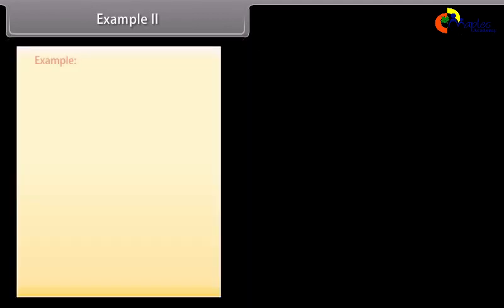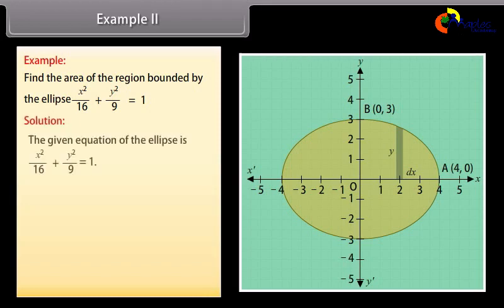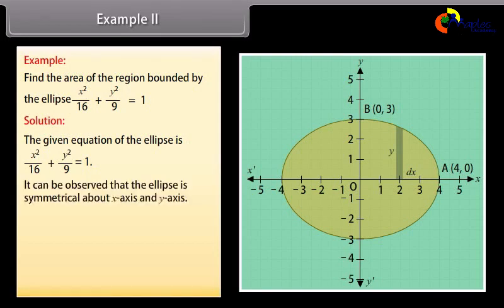Example second. Find the area of the region bound by the ellipse x square upon 16 plus y square upon 9 equals 1. Solution. The given equation of the ellipse is x square upon 16 plus y square upon 9 is equal to 1. It can be observed that the ellipse is symmetrical about x-axis and y-axis.